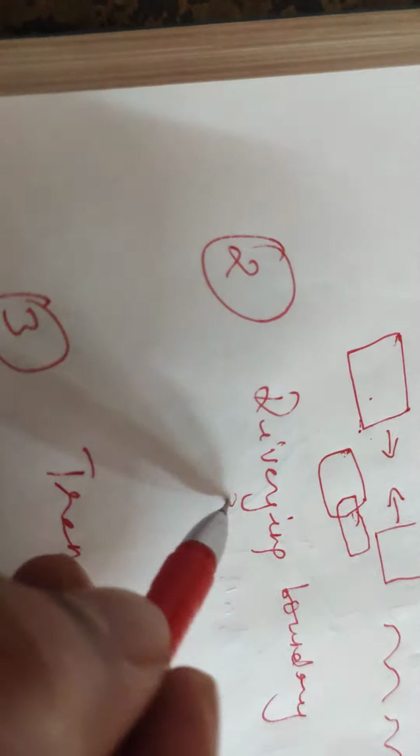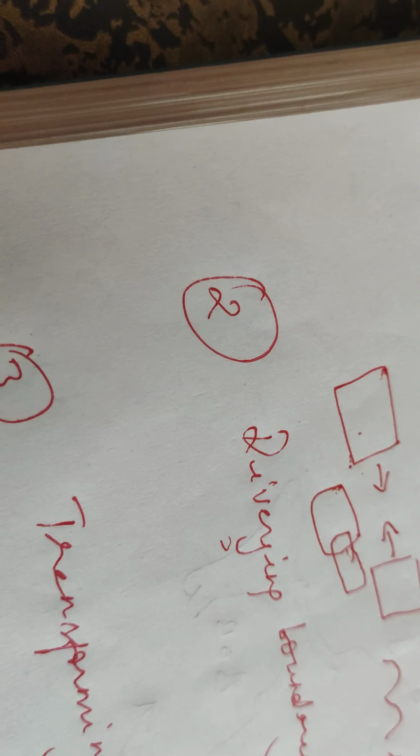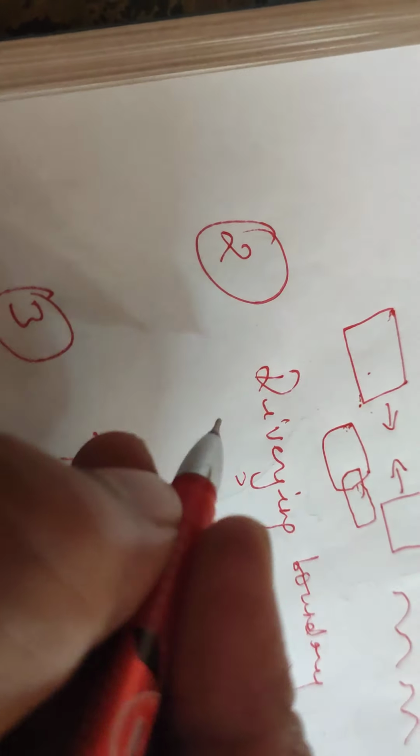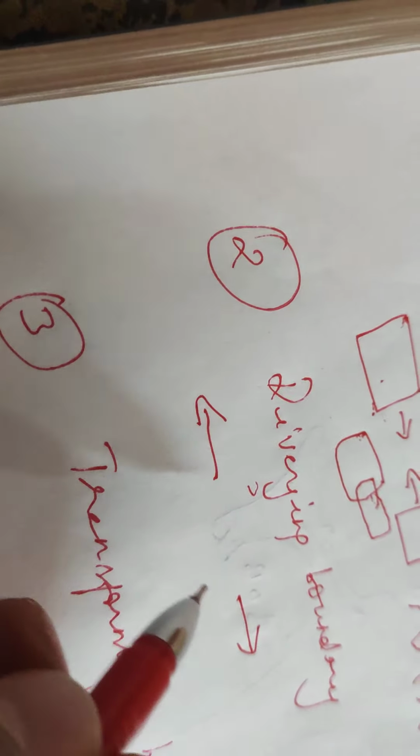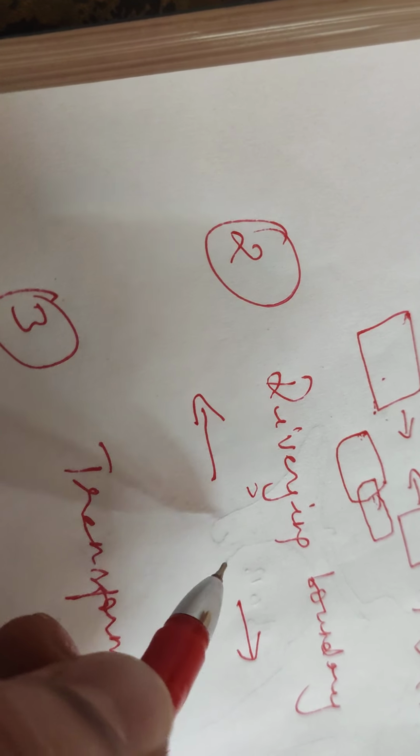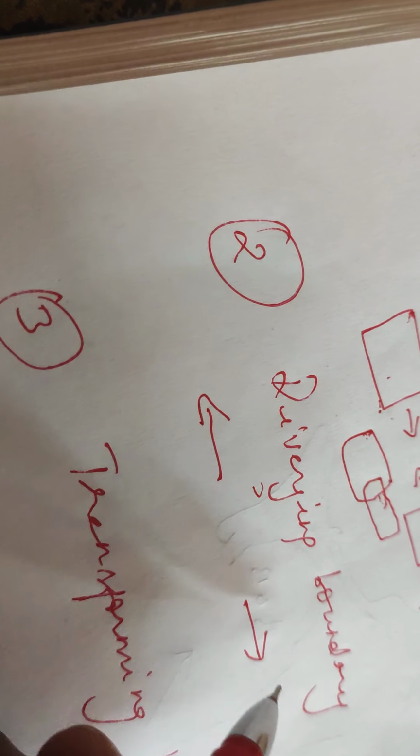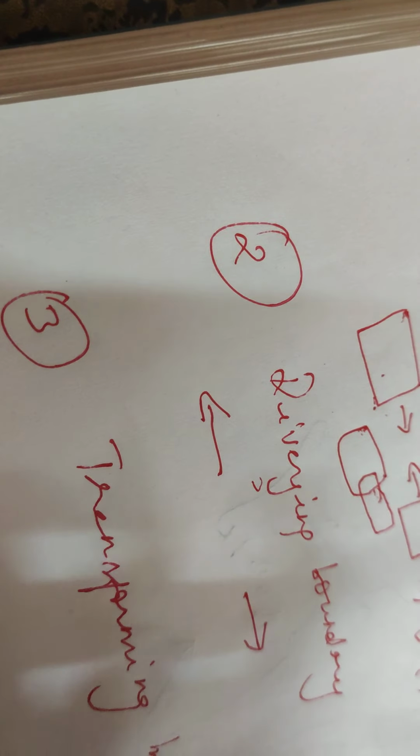Now there is the diverging boundary. What is the diverging boundary? When two plates are moving away from each other, moving apart. At this time, what will happen? The two plates will move, and what is beneath the plates? There is molten magma that will come out.